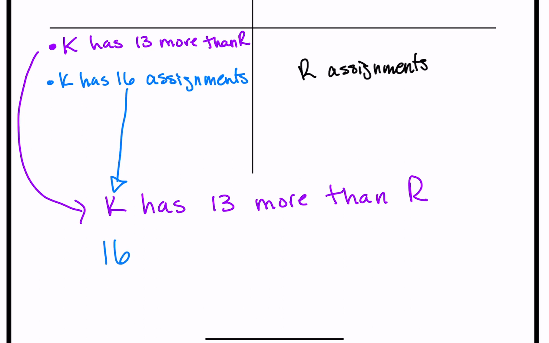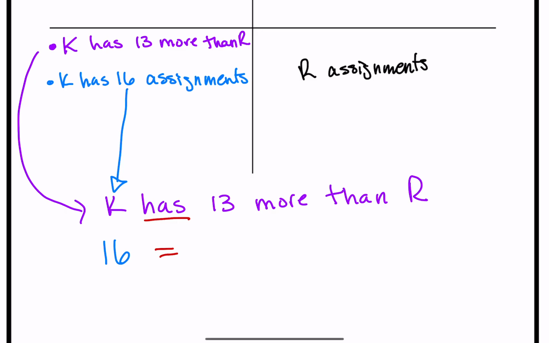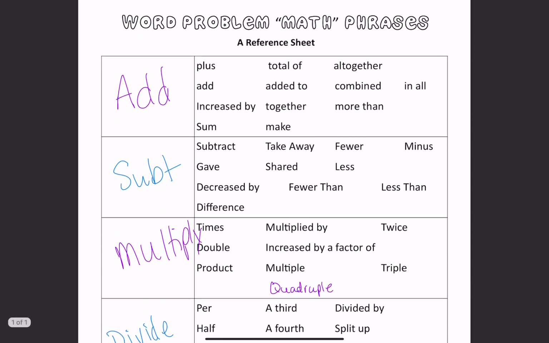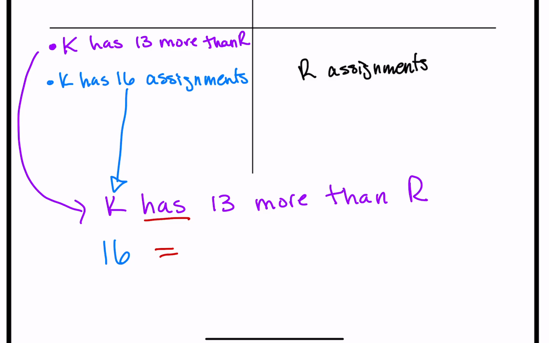Kathy has 16. This word has, okay, means equal for my phrase sheet. 13 more than R. Okay, so more than is one of those ones we have to be careful with. So more than is addition, okay? So we know it's going to be addition.